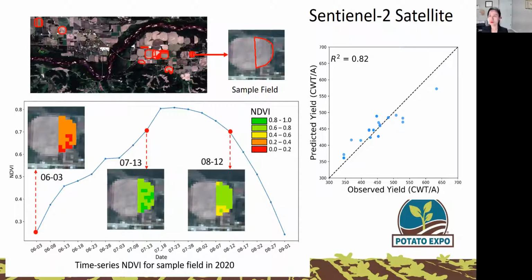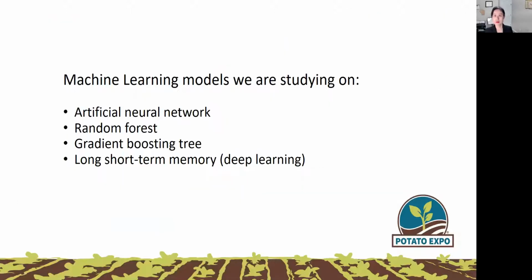So again, we think that this satellite imagery is going to give us useful NDVI maps over the course of the entire growing season, and then help us predict the final yield based on the reflectance information that we collected during the growing season.